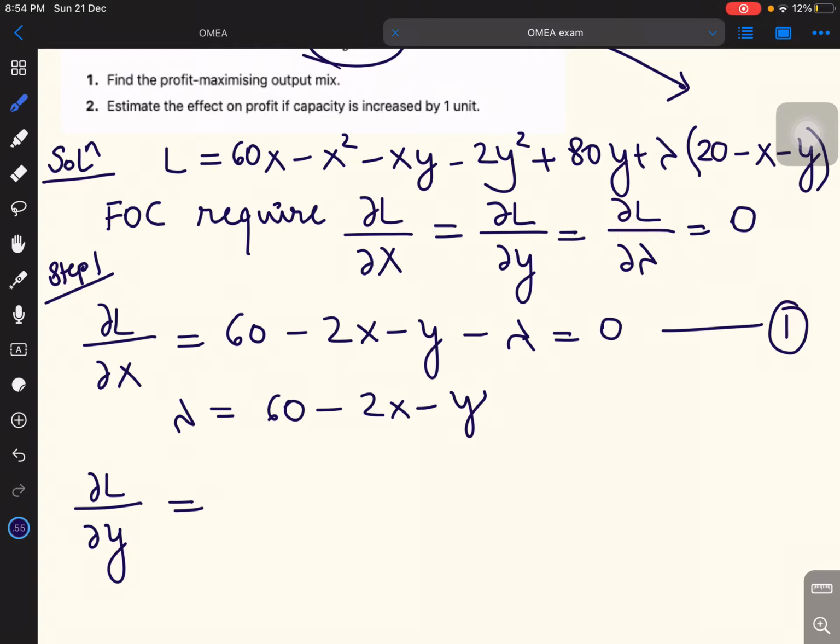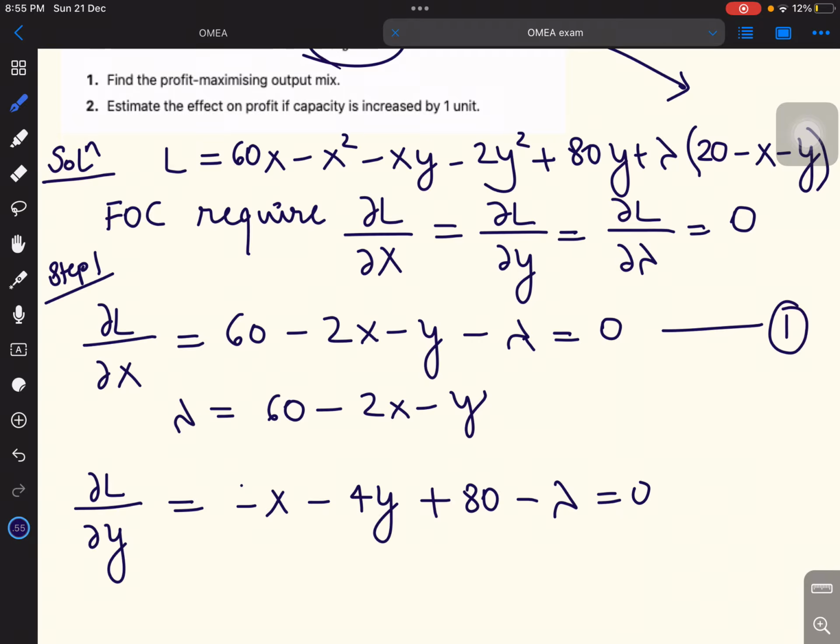Delta L by delta y: doing it with respect to only the y variable, we get 80 minus 4y minus x minus lambda.